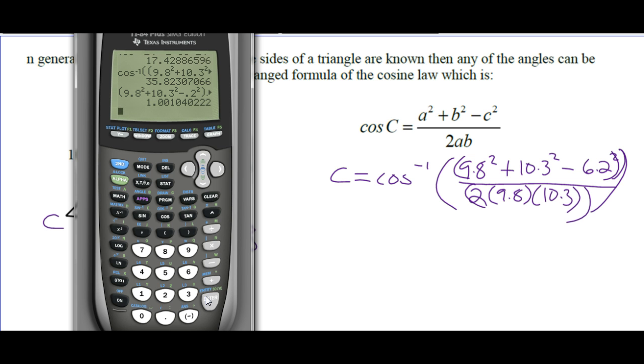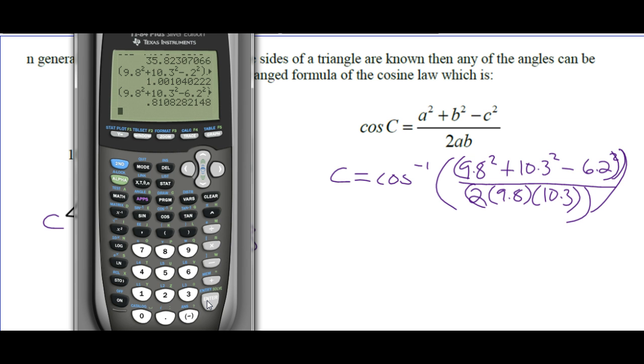Okay, wait, that's wrong. So I had some number here wrong. 2 times 9.8 times 10.3. So I know I have a wrong number in there because I left out the 6. Okay, so I hit enter. I got 0.81. You got to look at that and say, that is not 0.81 degrees, right?